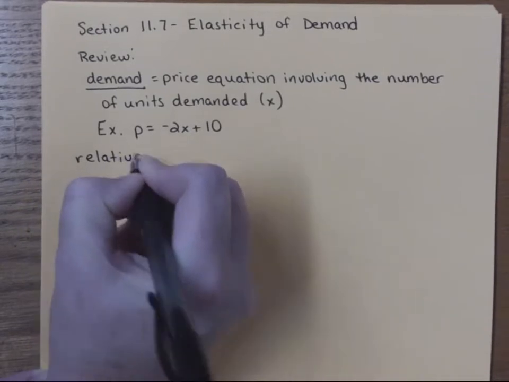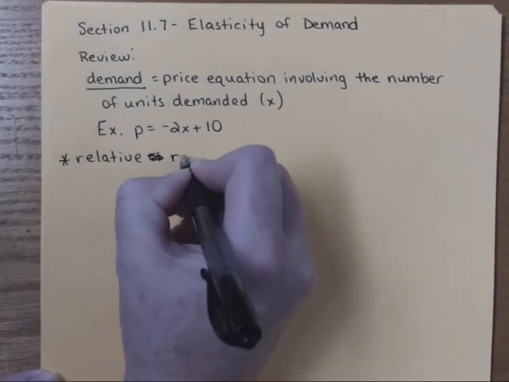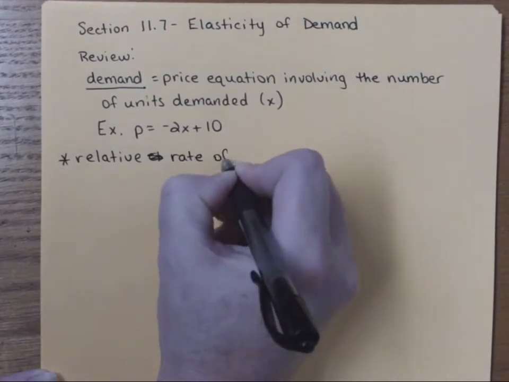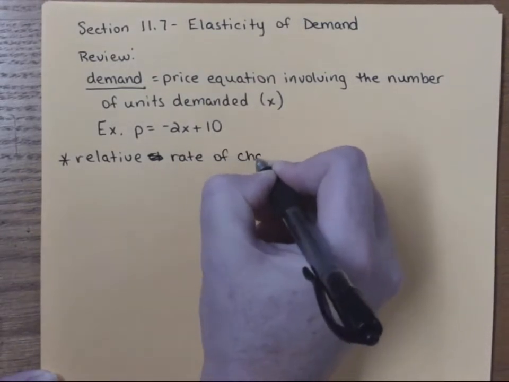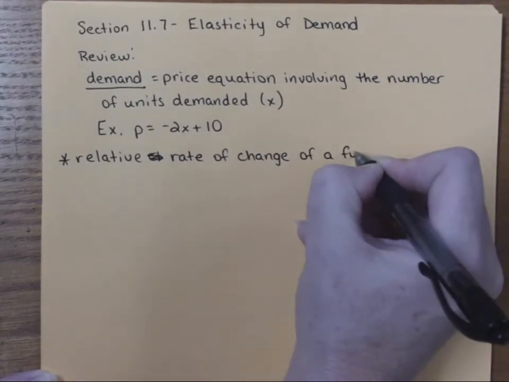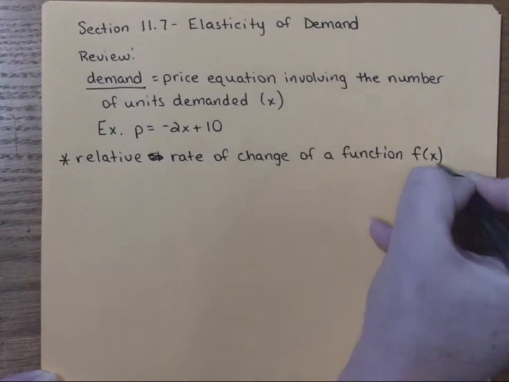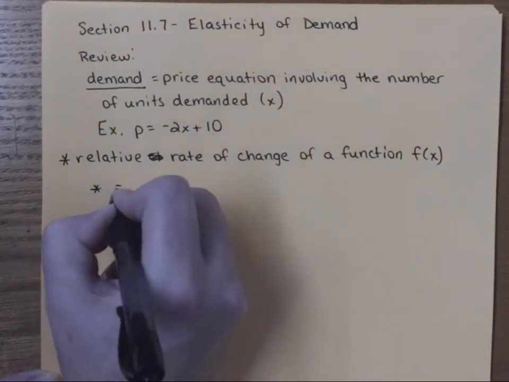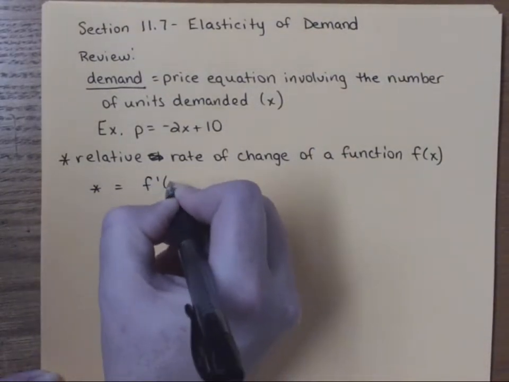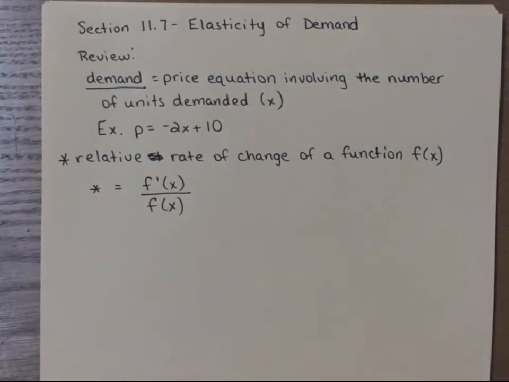So the first formula that we're going to talk about today is the relative rate of change of a function. Rather than just talk about the rate of change, this compares that back to the original quantity, or the original function. So this is the main formula for relative rate of change, f prime of x over f of x.